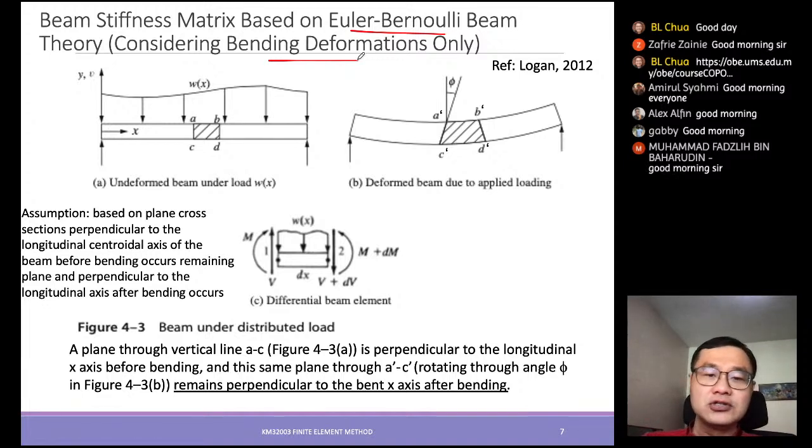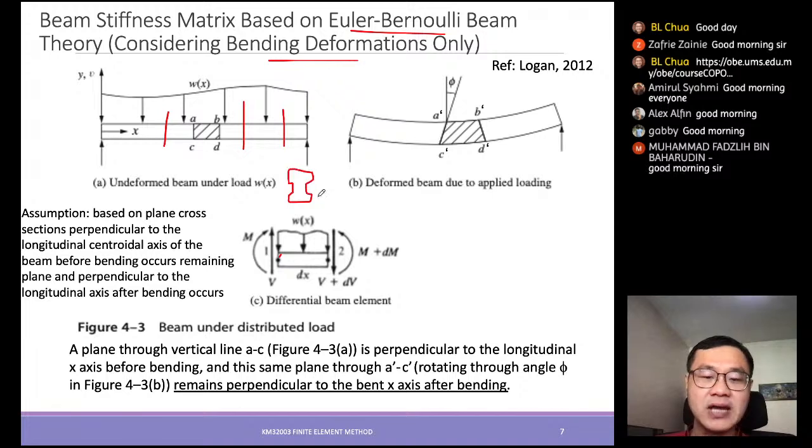The main assumptions taken when we derive this concern the cross-sectional area. When you cut through it, you may have, let's say, an I-beam, so you may have a cross-sectional area.